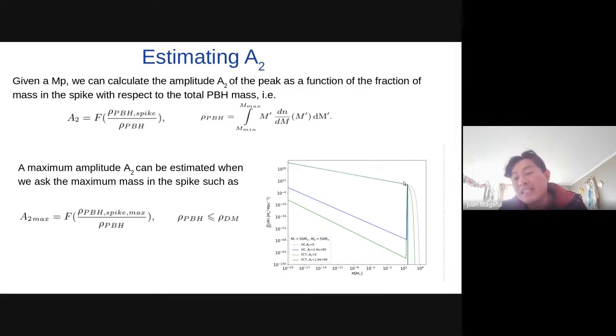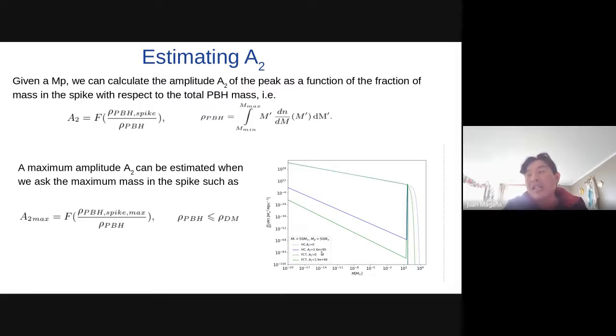And inside this spike, I put about 50% of the total mass of the distribution. And it is very interesting. This is the combination of a monochromatic mass function, but we have an extended part for lighter primordial black holes.